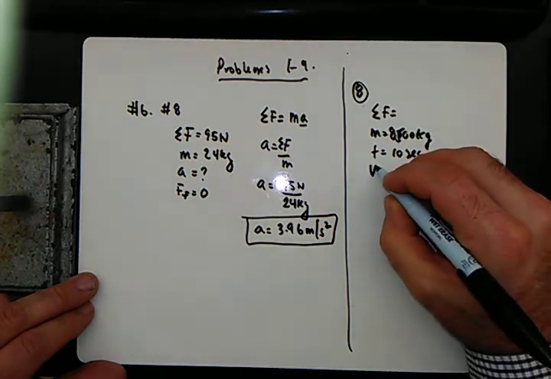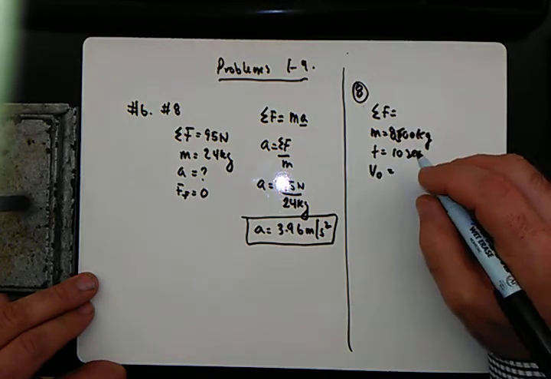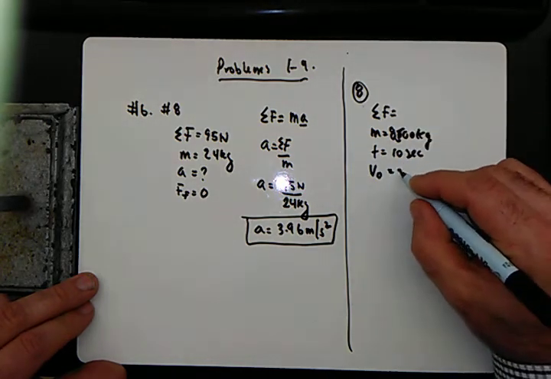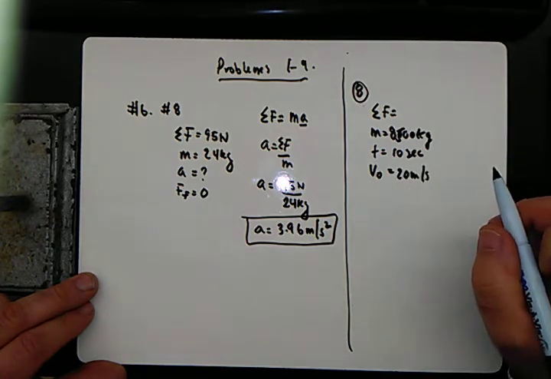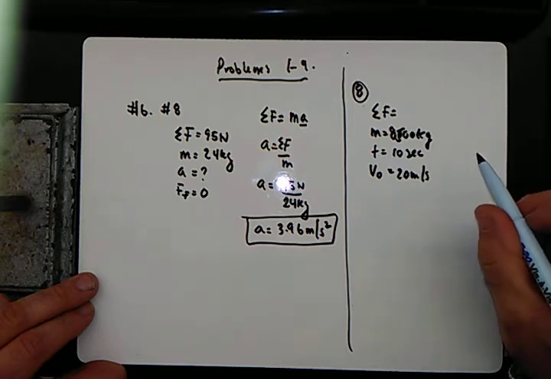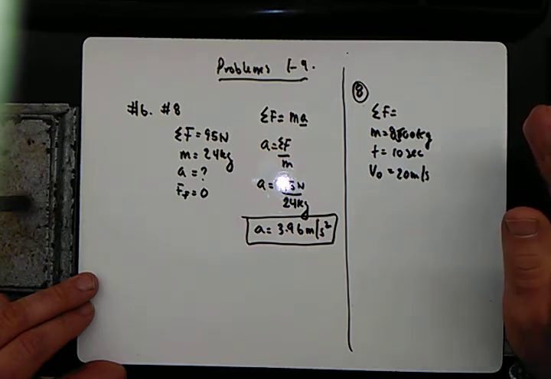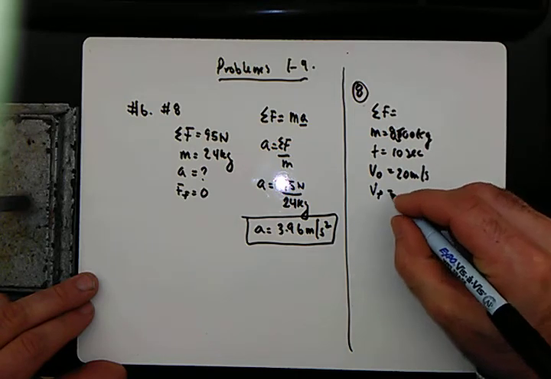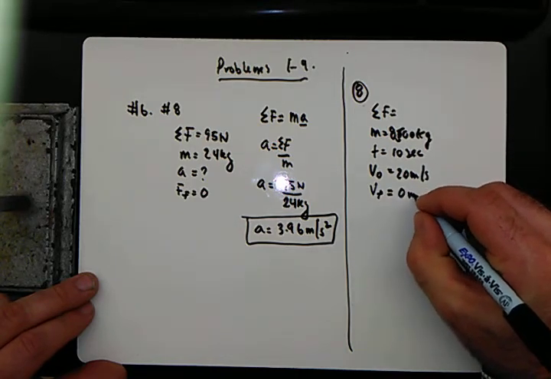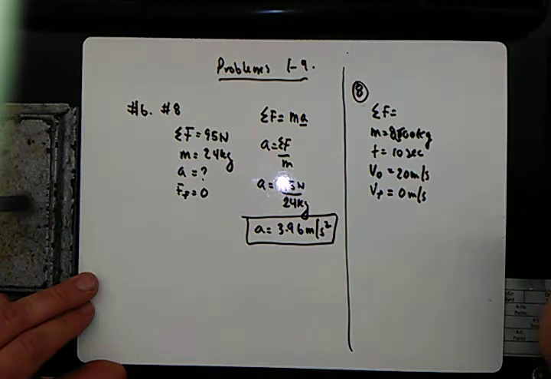And it's initially traveling, I know that that's the initial velocity, of 20 meters per second. So from this question, you have to think that the truck is going from 20 meters per second to a stop. So because it's going to a stop, the final velocity is 0 meters per second.